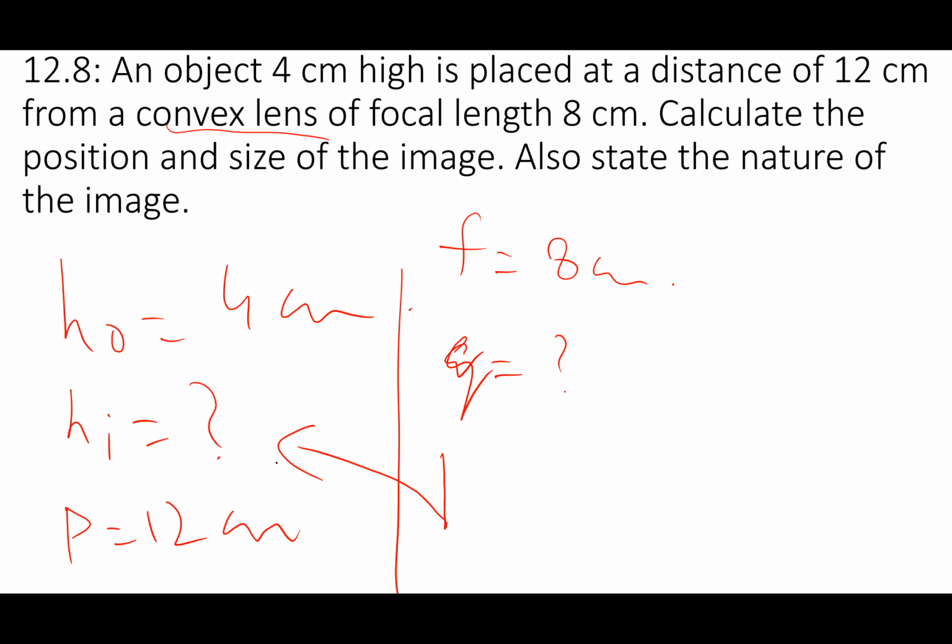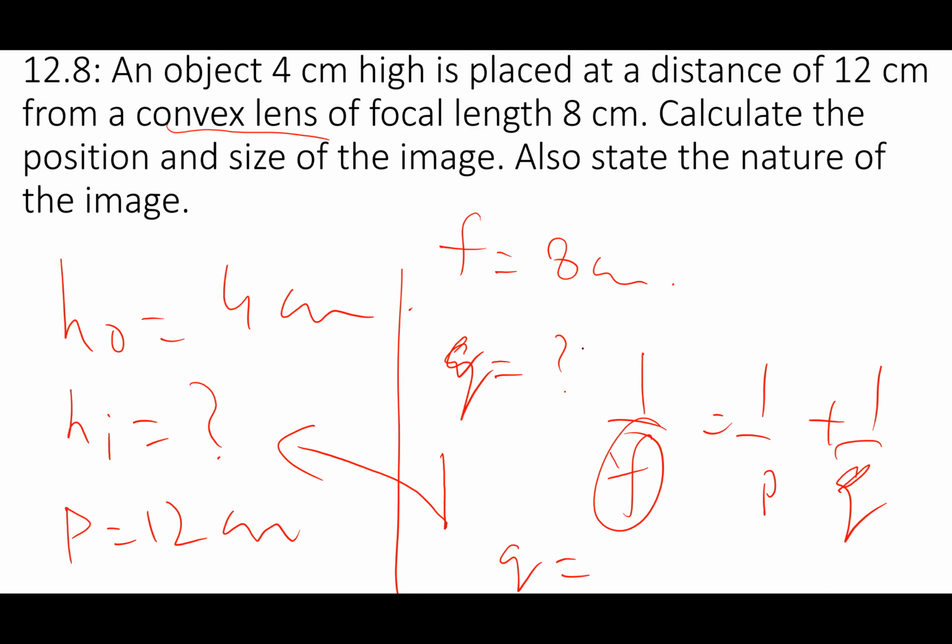Use the formula 1 by f is equal to 1 by p plus 1 by q. You will find q from this one. After putting the value of f and p, you will get q is equal to 24 centimeter.